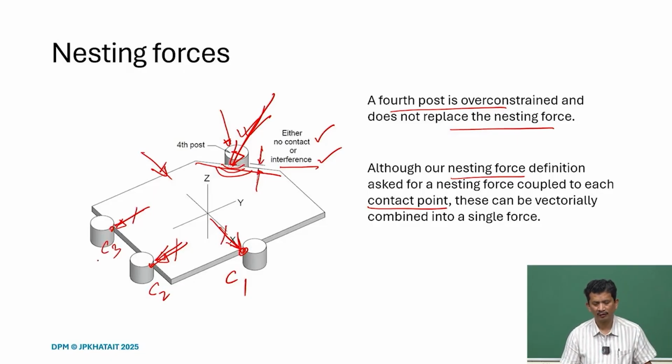But we can always get a single force by combining them vectorially. That's something we also need to understand, and we'll do some exercises on how to find the nesting force.